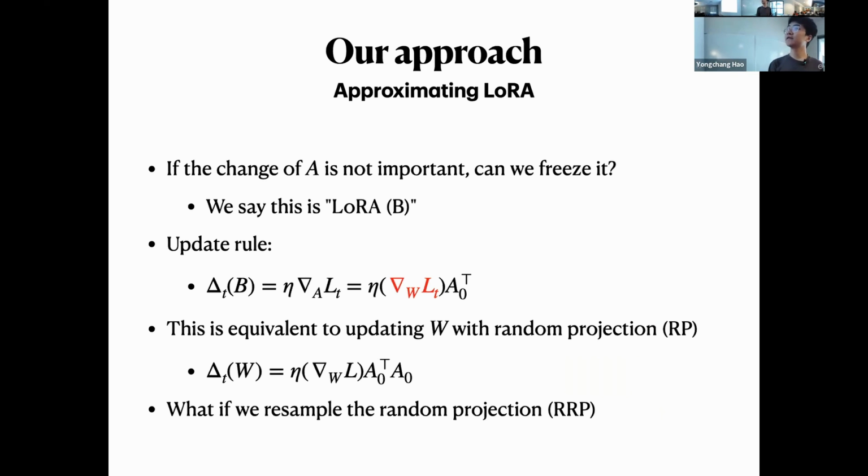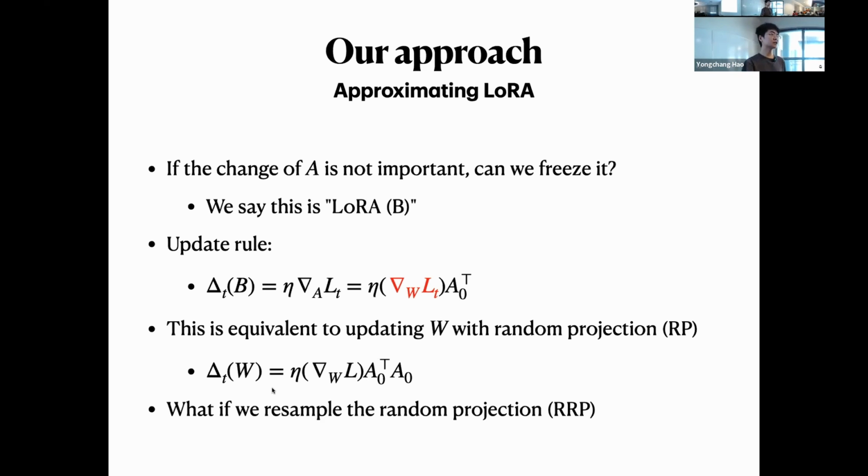If you look closely, the change of B will be the random projection of the original gradient, nabla W of L. If you replug this into the W representation, the difference of W is this thing.